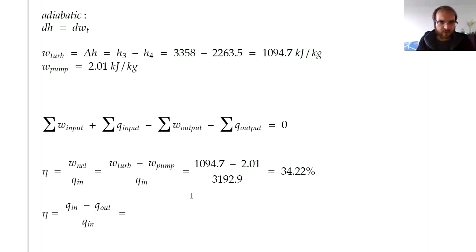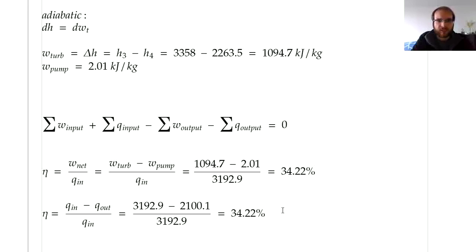And for the second case, using just the heat values, so heat input 3192.9, and heat rejected was 2100.1, and again we should get 34.22%.